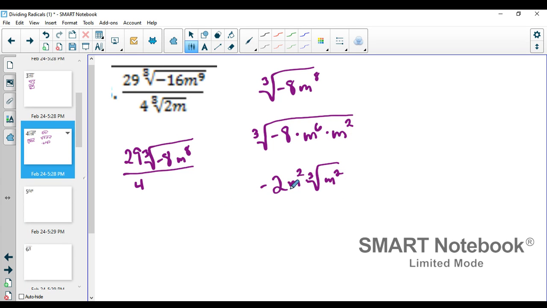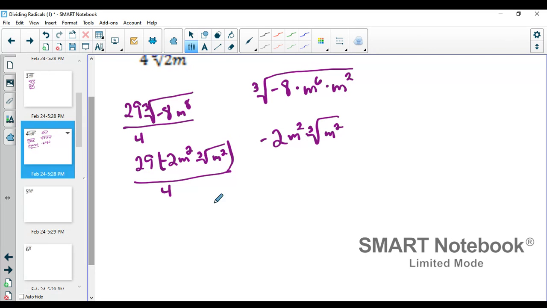Okay. So now this is going to replace this whole cube root here. So we have 29 times negative 2 m squared cube root of m squared over 4. All right. So 29 times negative 2 is negative 58. m squared cube root of m squared over 4.